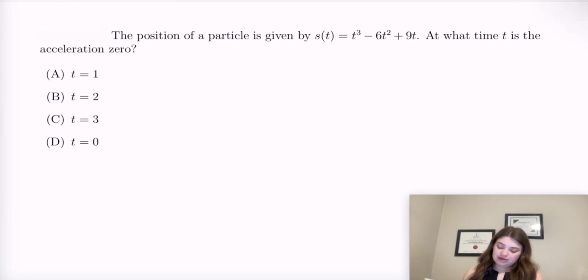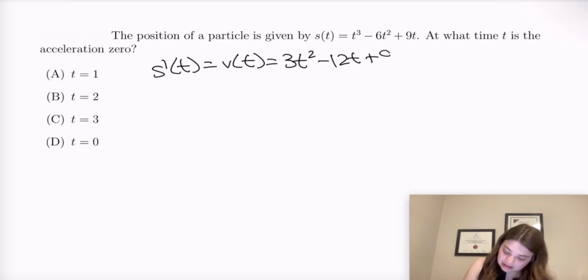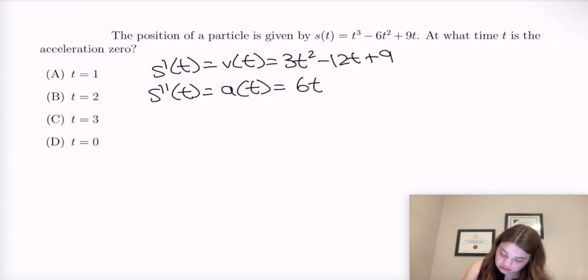So first, I need to find the first derivative, which is equal to the velocity, and that's going to be equal to 3t squared minus 12t plus 9. And then for the second derivative of the position, that's going to be the same as the acceleration, which is going to be 6t minus 12.